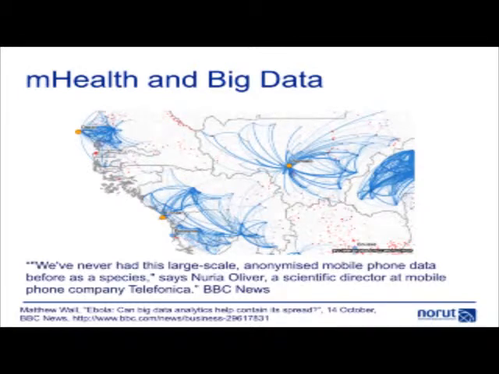When you have a phone, it's connected to an antenna, and that information is stored. If you cross to the other country, you change antenna, and if you aggregate all that data from everybody using their phones, you may have a very good picture of how the population is moving around. That has been quite useful also in the Ebola outbreak, although the mobile phone penetration is quite low in that country.